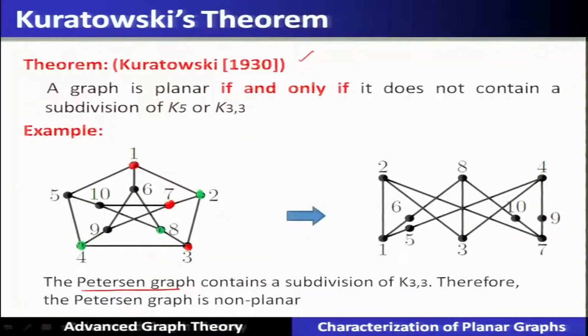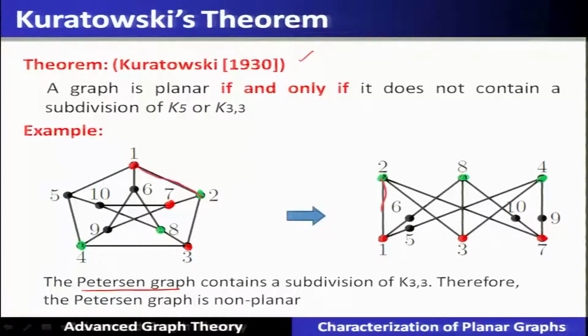You can see they are independent sets, 2, 4, 8 are independent sets. Let us draw the bipartite K33 graph. On one side we draw 2, 8, 4, and on the other side we draw 1, then 3 and then 7. Let us draw the edges between them.